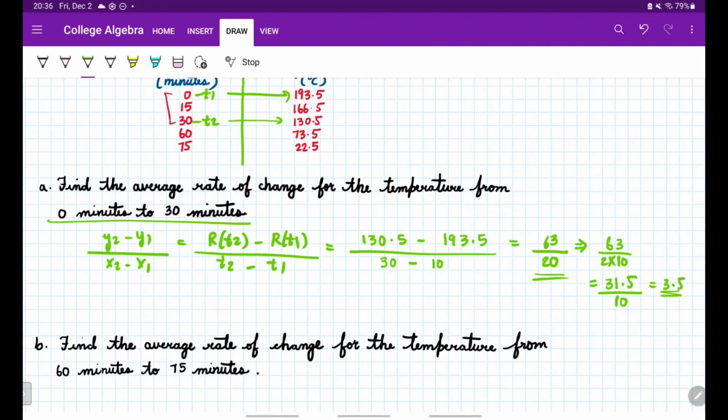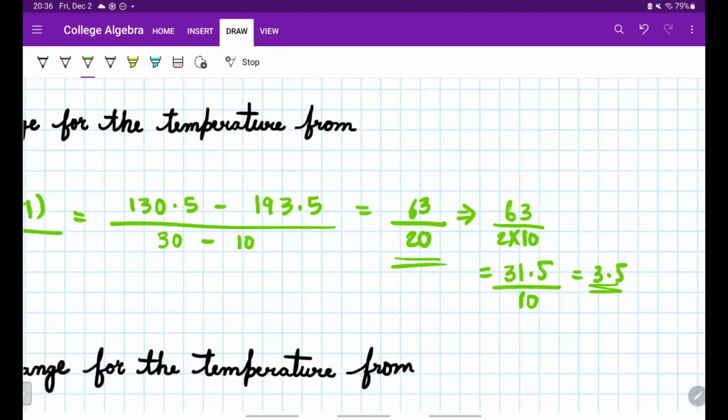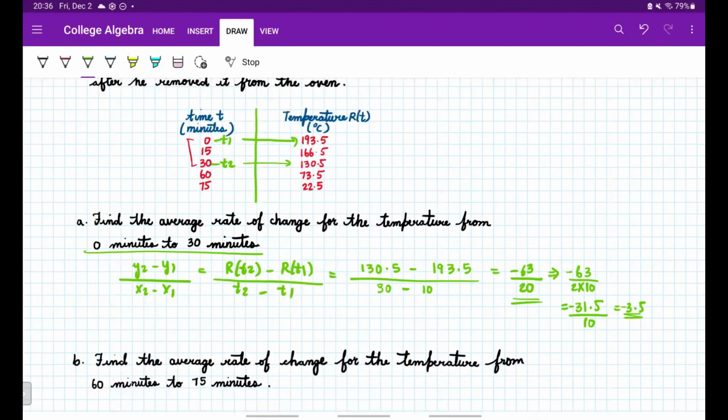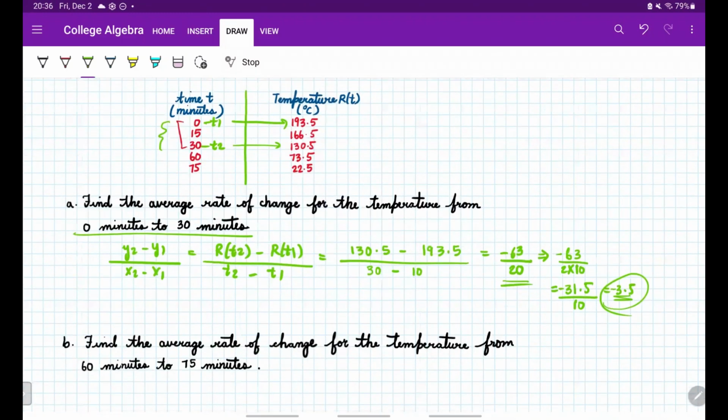So essentially our roast is cooling down, negative everywhere, 3.5 degrees every minute. It means that our rate of change is 3.5 because we're talking about average rate of change. We're averaging over the 30 minutes. So per minute, the roast is cooling down by 3.5 degrees centigrade.